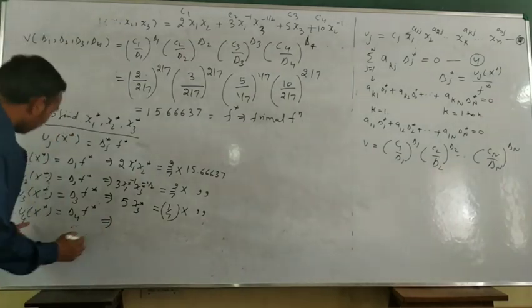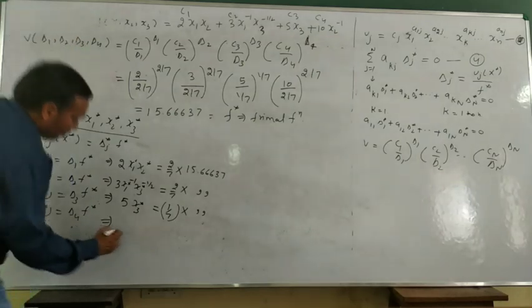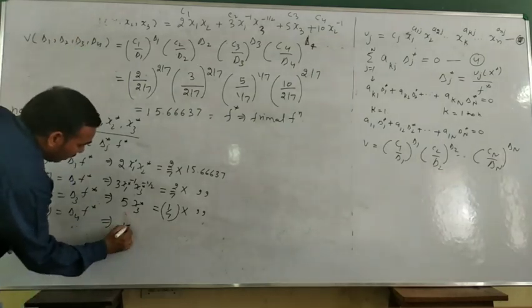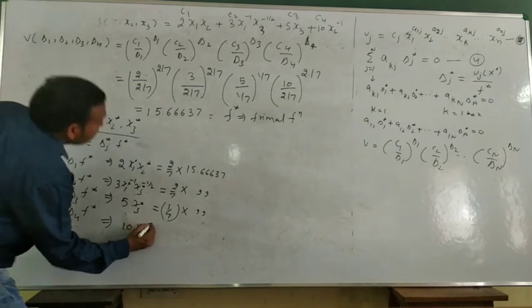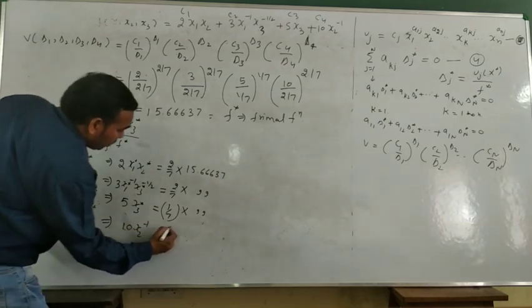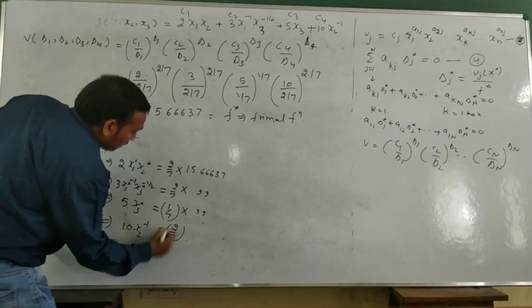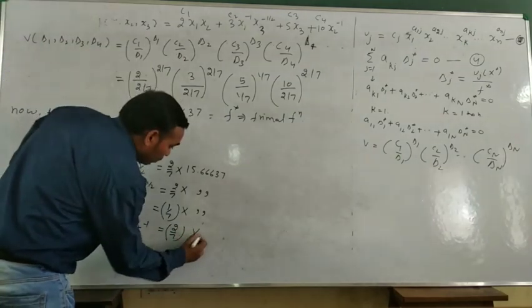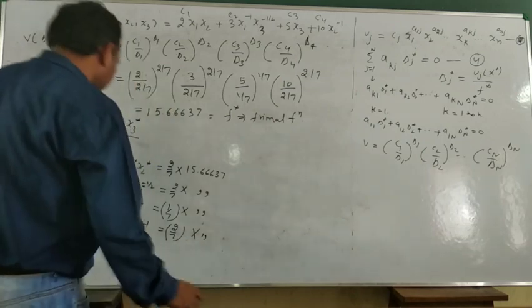Similarly u4 of x star means 10 x2 minus 1 equals 2 upon 7 into f star.